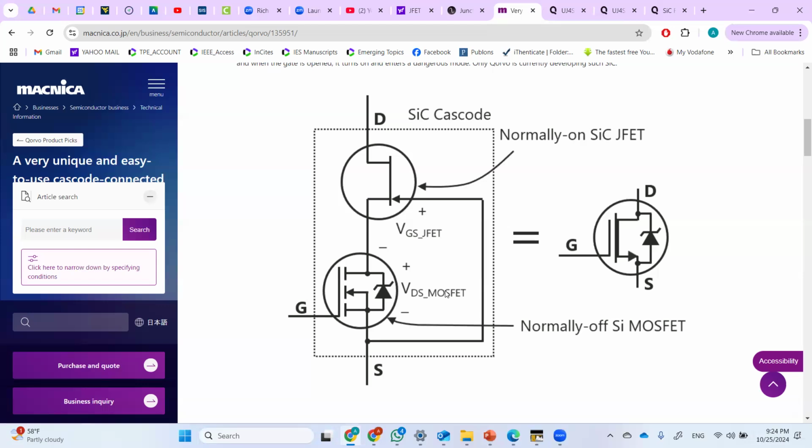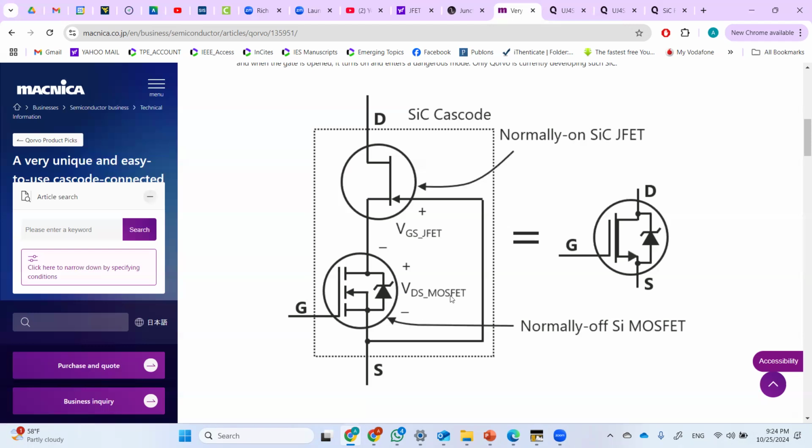So again, the benefit here is having a normally off switch, because in industry we need a lot of normally off switches. The JFET itself is normally on, so we need to make it normally off. How can we make it normally off? You can connect a series device, and this series device is normally off.